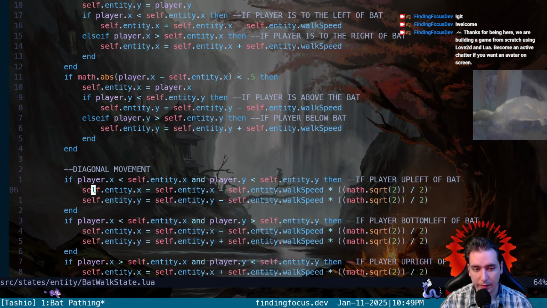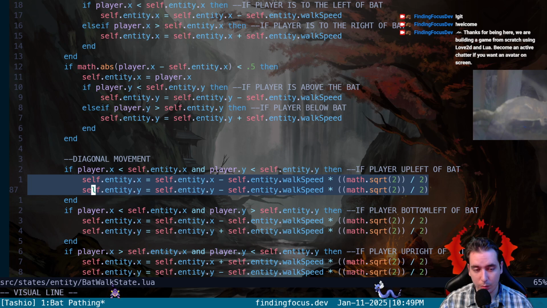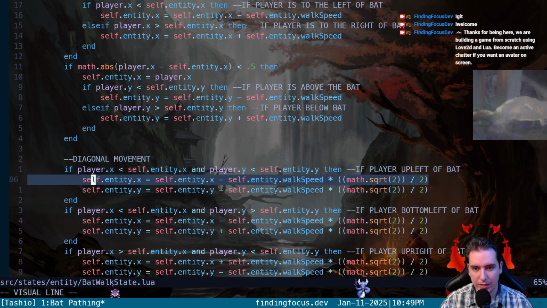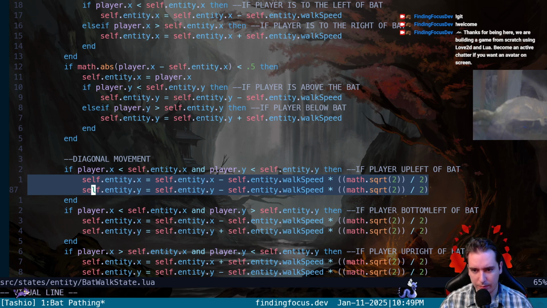Then if it's diagonal, we go diagonally towards the player. So if the player is up and to the left of us, we go up and to the left.